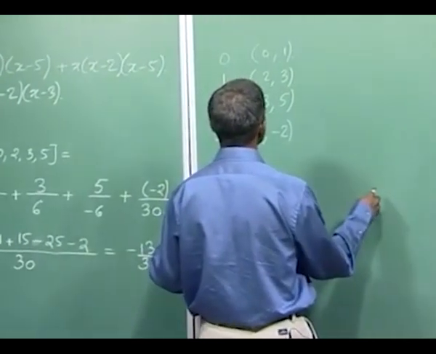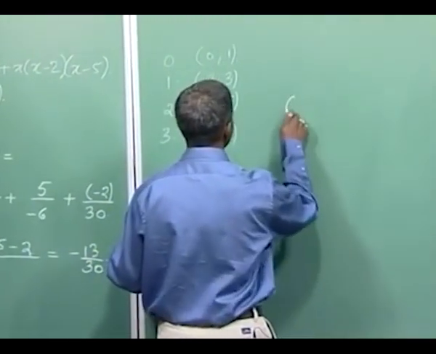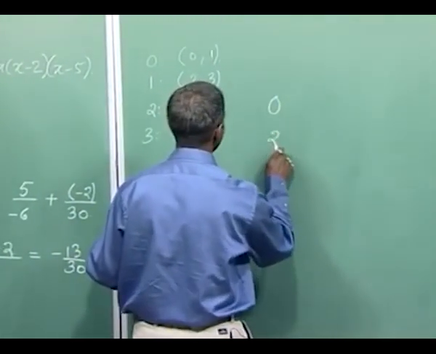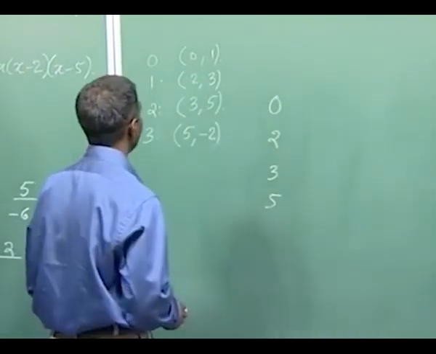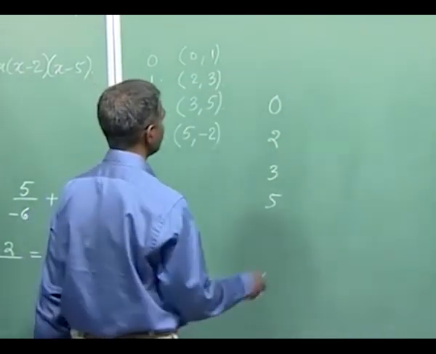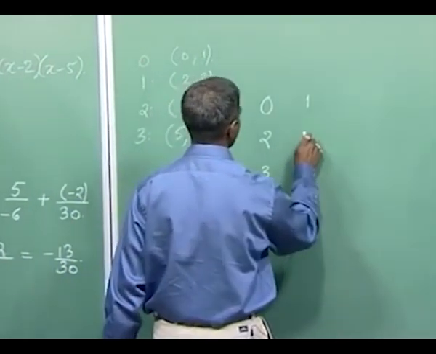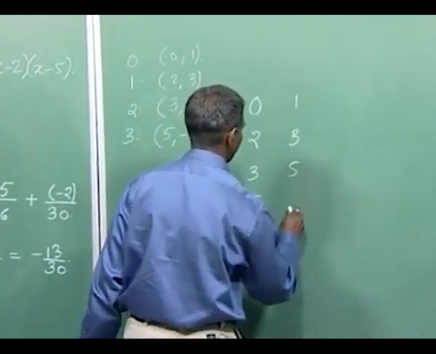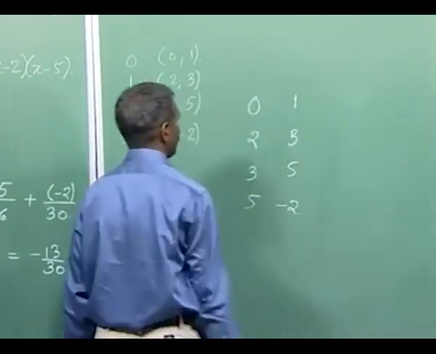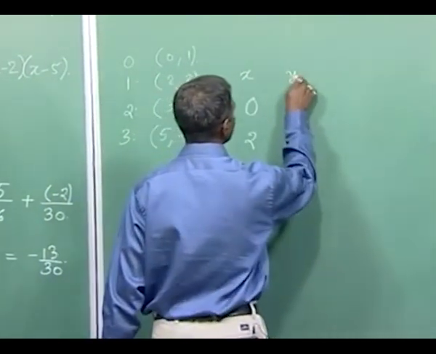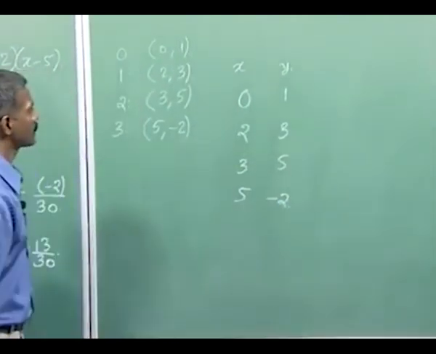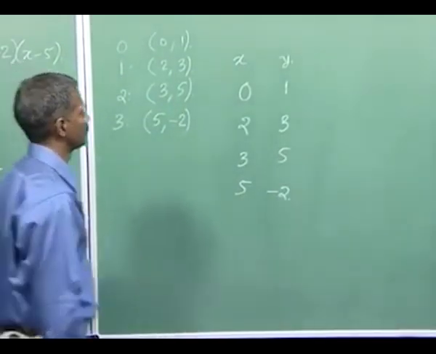Arrange all x's in a single column, 0, 2, 3, and 5. Arrange all y's in the next column, 1, 3, 5, minus 2. So these are the x's, these are the y's, and then start computing the divided differences.